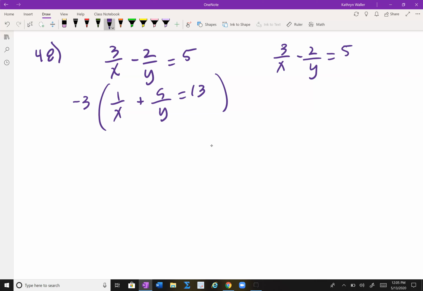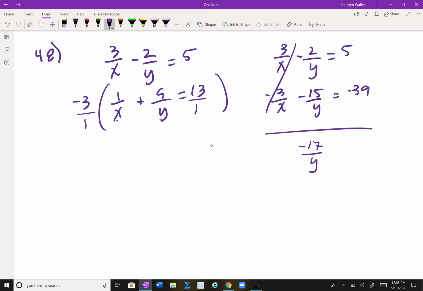Distribute the -3. The -3 doesn't get multiplied by any of the denominators, just the numerators. So that's -3 over x minus 15 over y equals -39. The x's cancel. That gives me -17 over y is equal to -34. Put a 1 underneath and cross multiply.